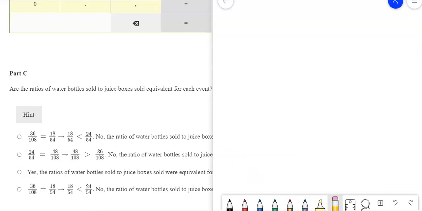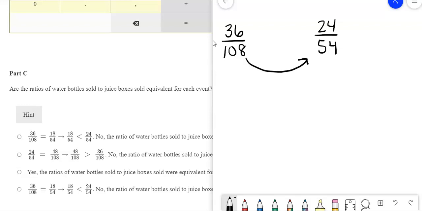If I have 36 over 108, and I have 24 over 54, to get from 108 to 54, I would divide by 2. And if I take 36 and divide it by 2, I get 18, which is not 24.